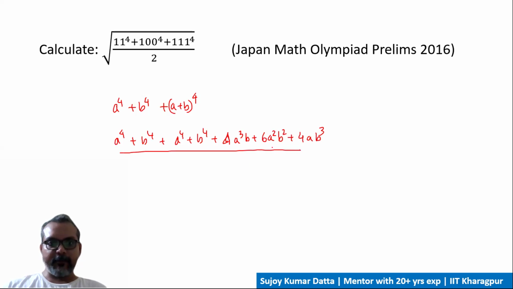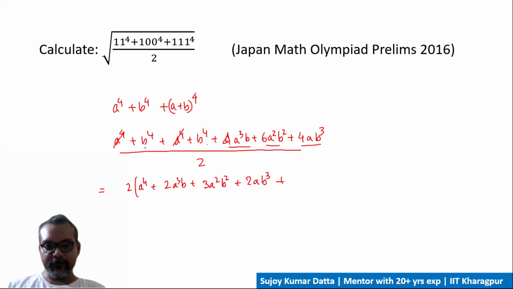This whole thing divided by 2. So we'll have 2 times a to the power 4, then 4a cube b. So 2 I have taken common. Then 3a squared b squared. Then 2ab cube. And then 2b to the power 4.